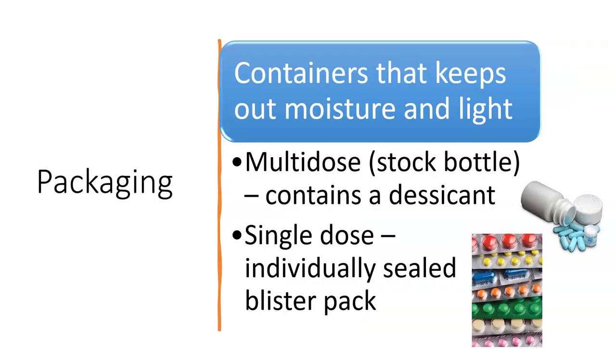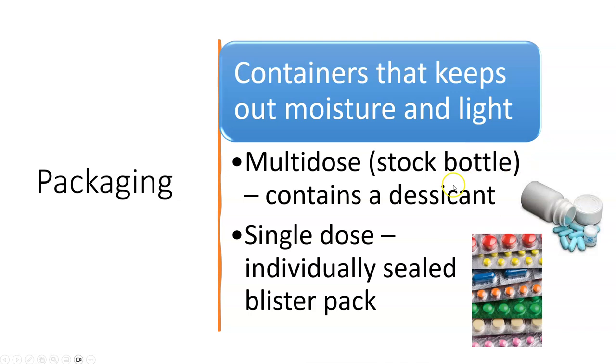Now, when it comes to packaging, to protect tablets and capsules from deteriorating due to moisture and light, we put in a desiccant. The term desiccant means to dry out. These little packs could be a little cylinder filled with a little gel, or a little pillow container. They help absorb the moisture and keep it away from the tablets.